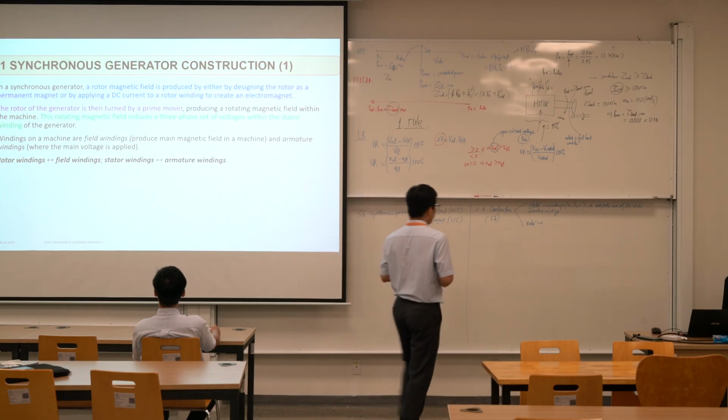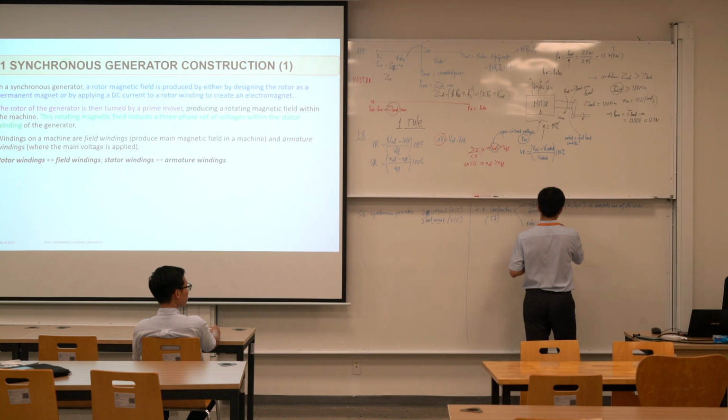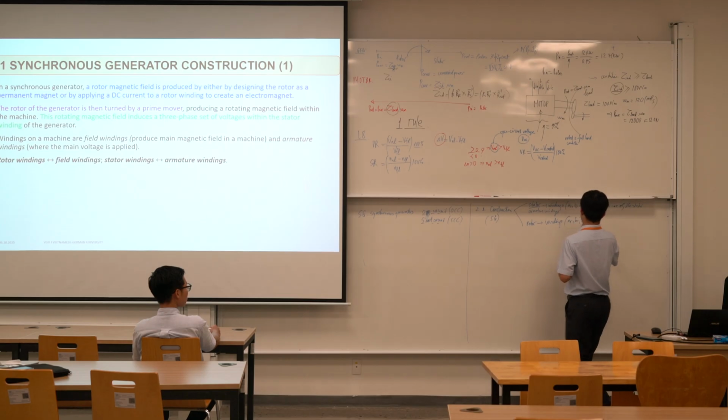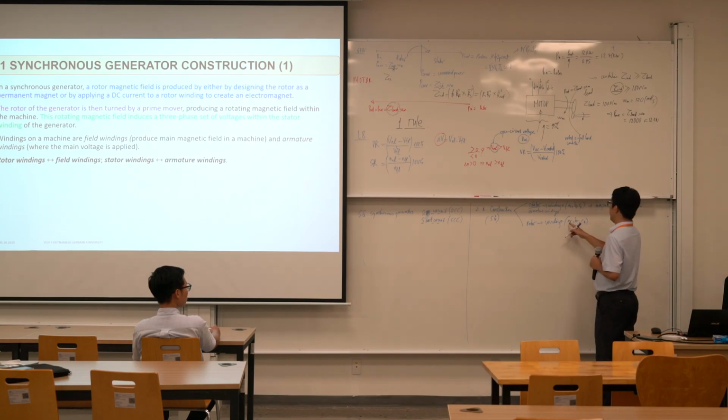For the rotors, we also have rotor winding. Rotor windings. Yeah, this is AS, BS, CS, and this is AR, BR, CR. That means phase A, phase B, phase C in the rotor.